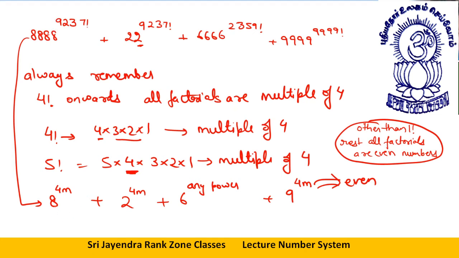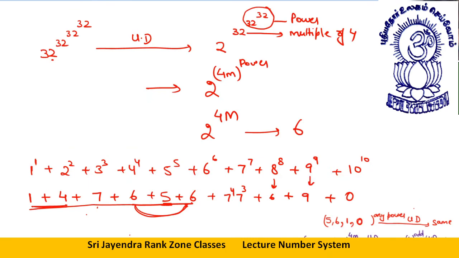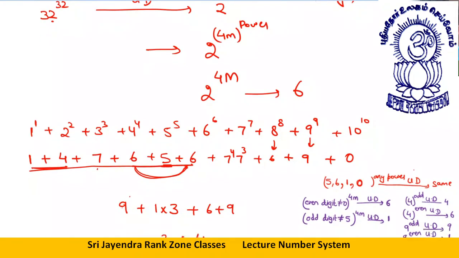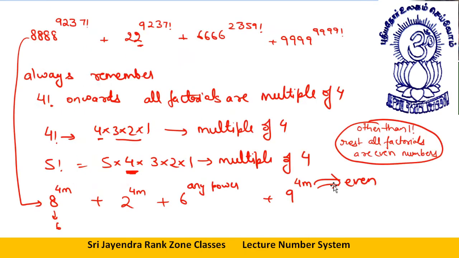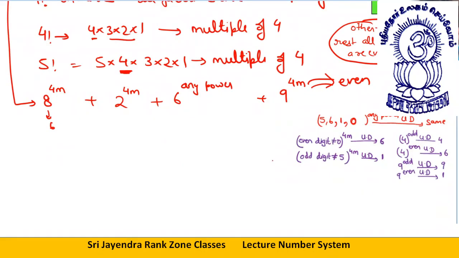So let's come to this 8 raised to power 4 multiple. I have already told you, dear students, even number raised to power 4 will give me a 6. So even digit raised to power 4 will give me unit digit 6.